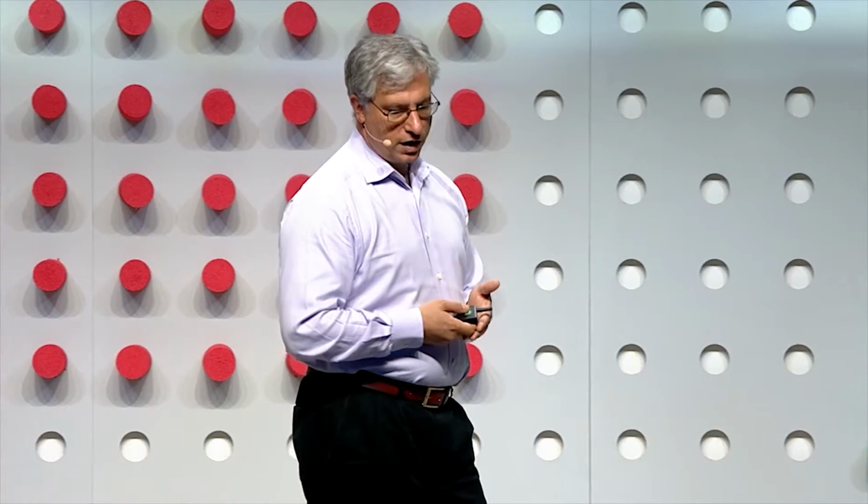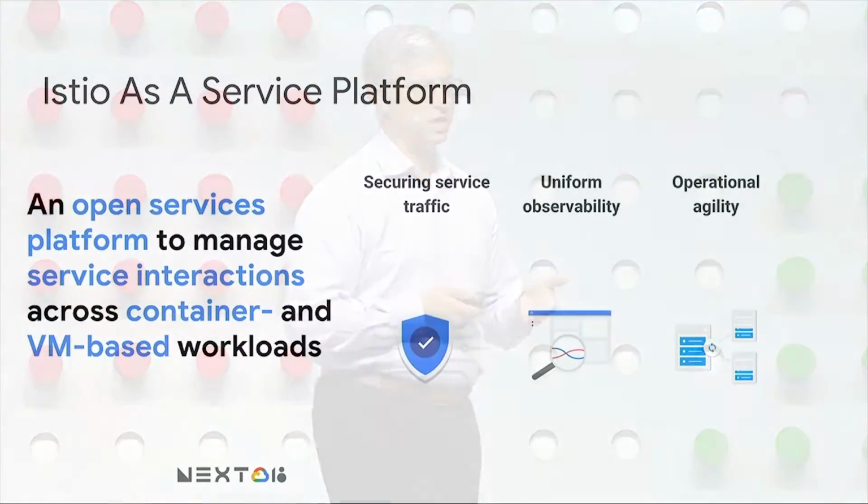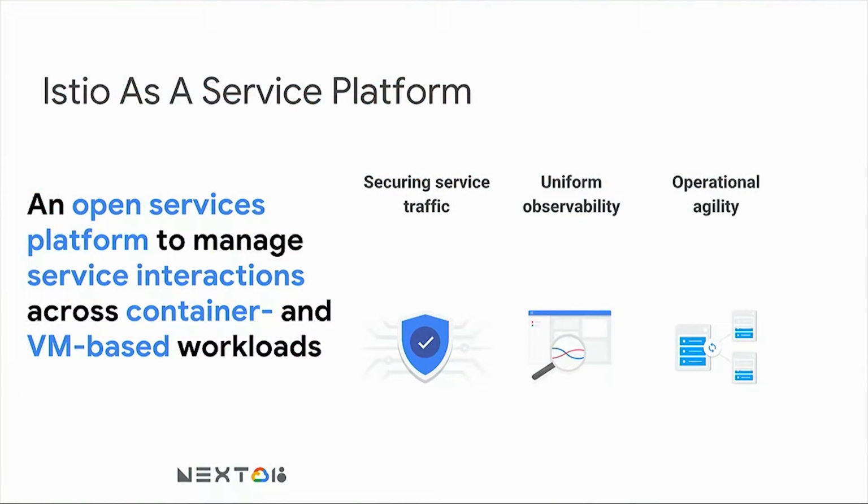It provides security for microservice communication, so that security becomes configuration rather than baked into the code. It provides operational agility. So you could say, I want this traffic splitting, 10% go here, 90% go here. I want to do the canary. I want to do the rollback. I want to manage how the traffic flows. Again, that comes from Istio. And lastly, uniform observability.